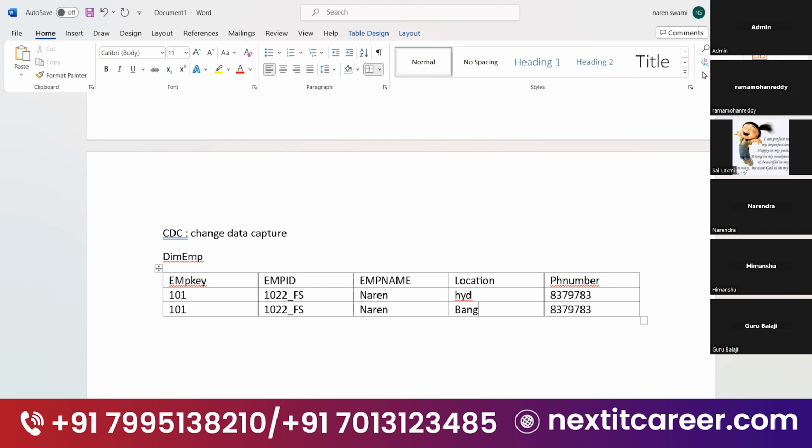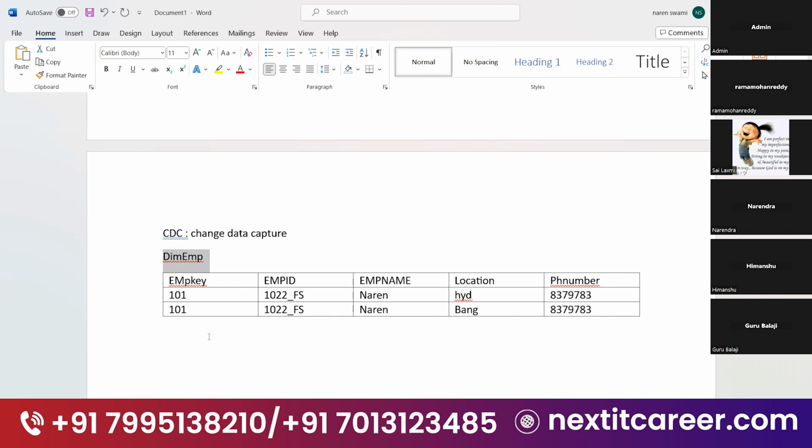Do you know? No, right? We can't identify which one is current without the date or some other things. But in change data capture, the concept is that whatever descriptive data in the dimension has changed should be captured in the dimension table in the data warehouse. Then only we can identify it, right?